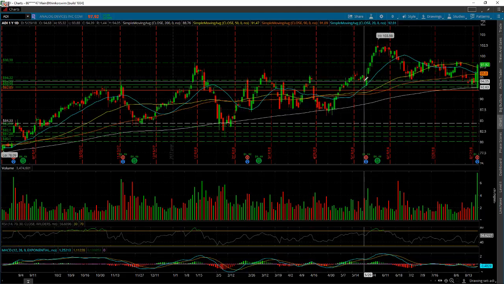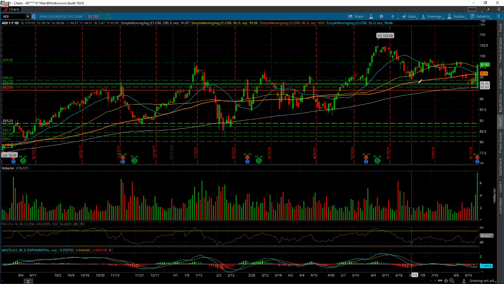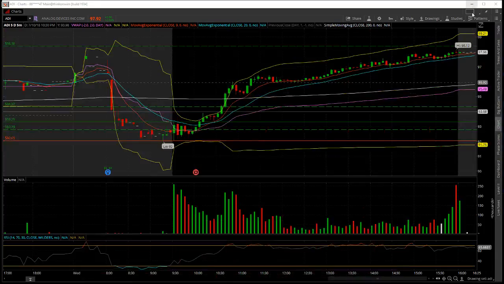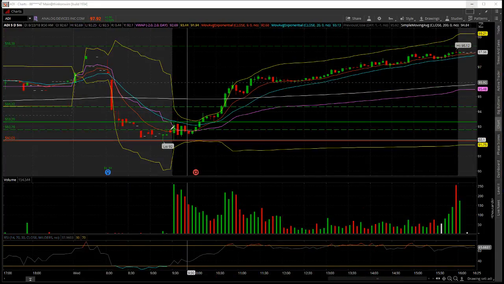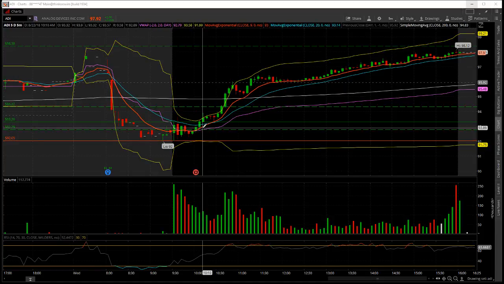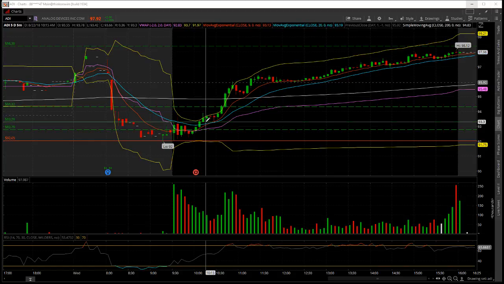All right, so we want to make sure that we have our daily support and resistance drawn. And so now we've got a clear picture of where we can have our profit targets. Okay, we know where our entry is going to be. Our entry is going to be over 93.29.